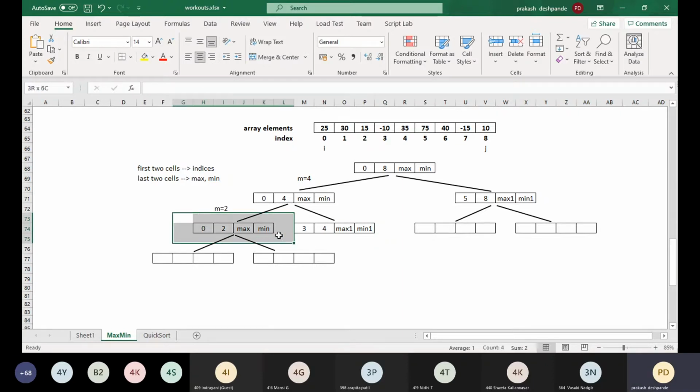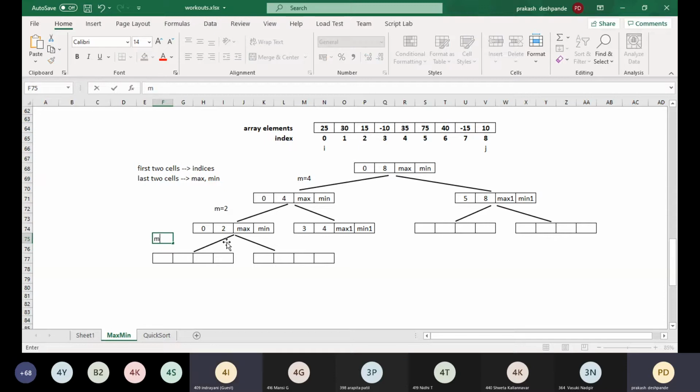Now coming on to this particular half, the sub problem, we need to further divide or do the partition over here. So this time mid will be 1. So here what do we get? 0, 1, and 1, 1, and max and min.